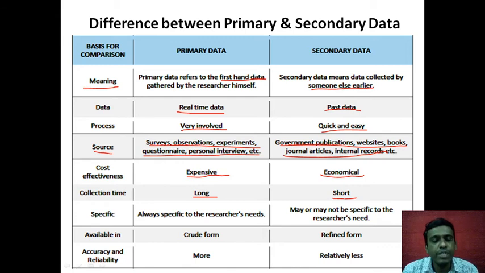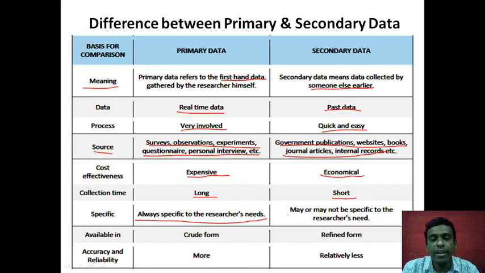With respect to the specific nature of the data that we need, specific data is always collected by the researcher when it comes to primary data, because it is very much research specific. If I am doing a research and I want to collect data from the field, from my respondents, then I will collect data that is much more relevant and specific to the problem that I have identified.